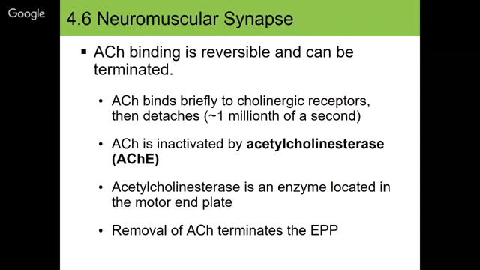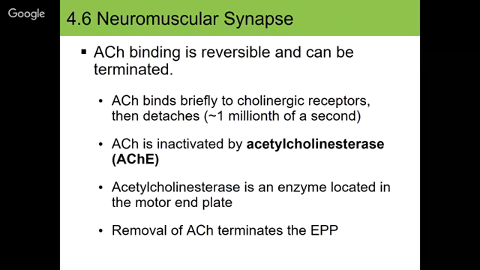If there are a lot of action potentials being received by this neuromuscular synapse, then you will get the constant release of more neurotransmitter substance from those vesicles that escape from the axon.